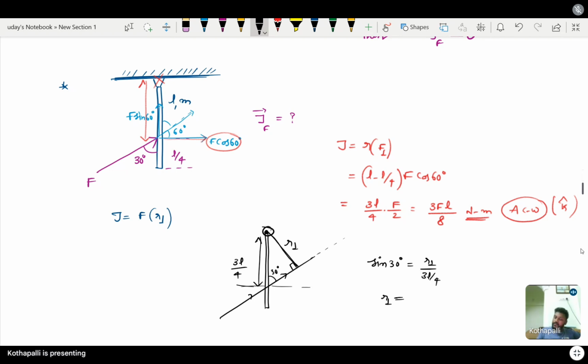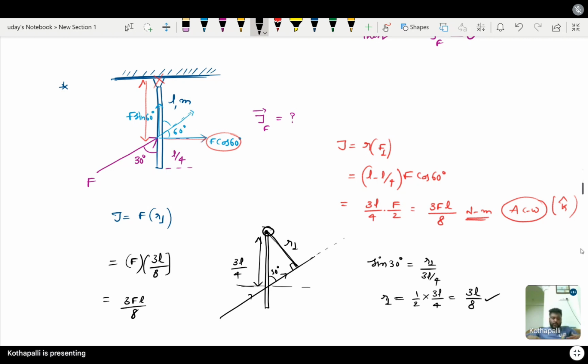So r perpendicular is sine 30, 1 by 2, into 3L by 4, which is 3L by 8. Substitute here: F into 3L by 8. Same or not? The answer is 3FL by 8. But here, taking the perpendicular component is a bit easier than calculating the perpendicular distance.